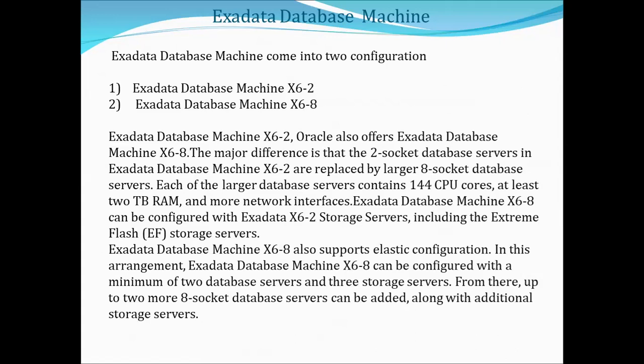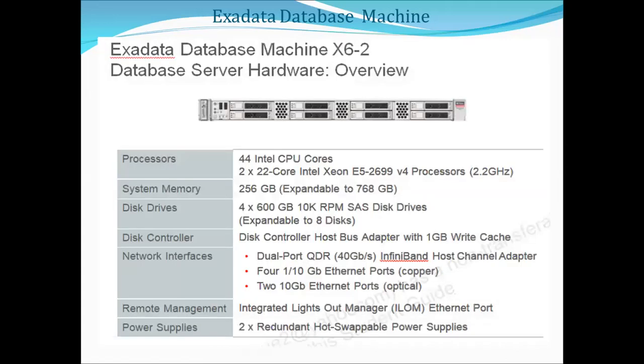Each of the larger database servers contains 144 CPU cores, at least 2 TB RAM, and more network interfaces. So here is the overview of the Exadata Database Machine.